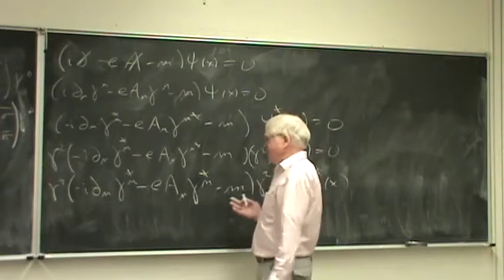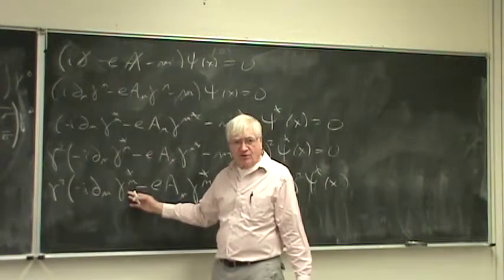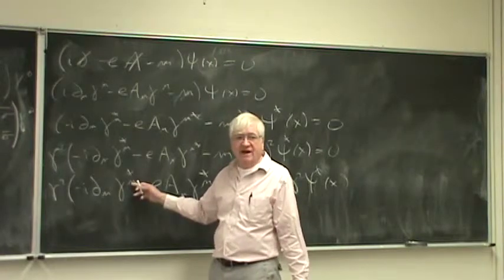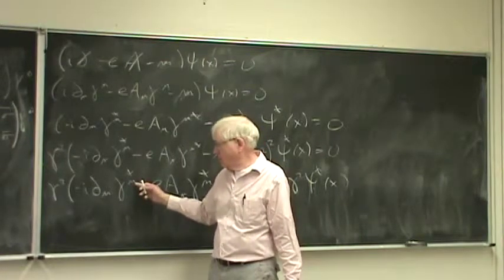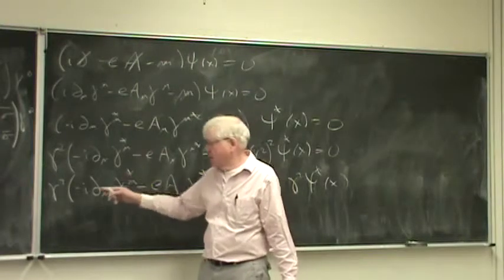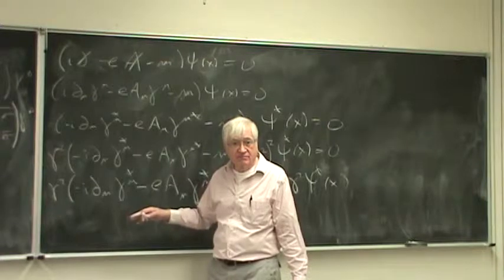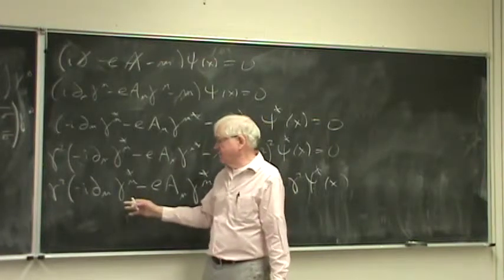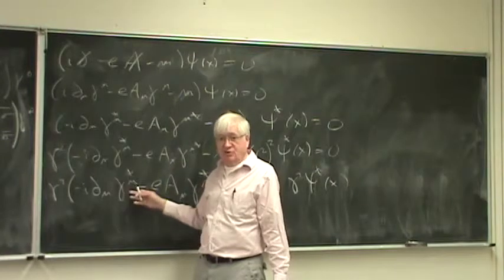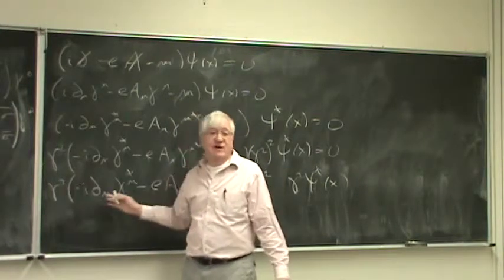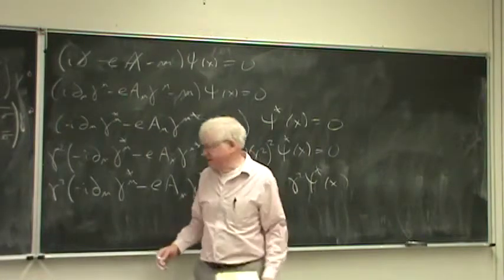Okay, well, when you take the gamma 2 through, if mu is equal to 1 or 3 or 0, the star has no effect, but bringing through gamma 2 changes the sign. On the other hand, if mu is equal to 2, the star puts in a minus sign, but bringing through gamma 2 has no effect. So altogether, we get a minus sign.